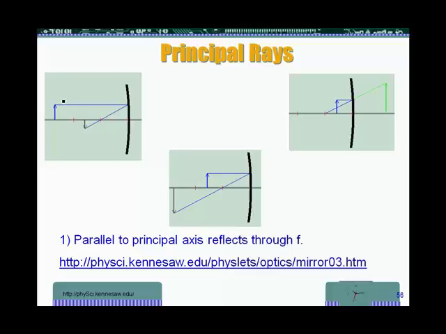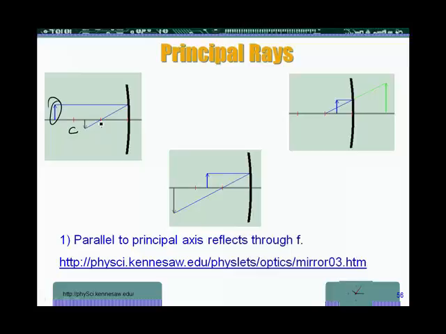Now, what I have here in three cases, I have an object that's designated by an arrow. And this is the center of the mirror, I mean, the central point for the mirror. And this is the focus.